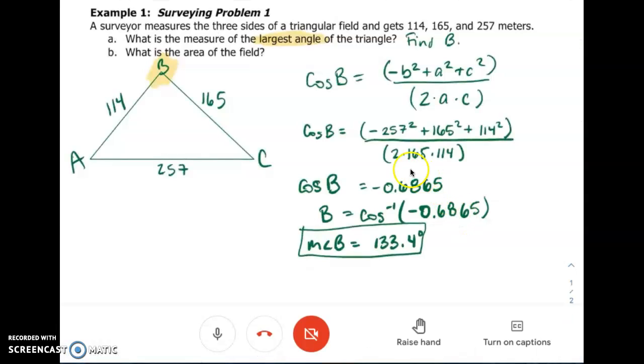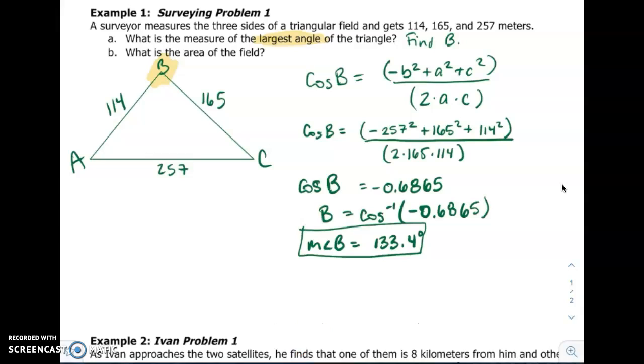All right, B, what is the area of the field? So now that I have 133.4, I'm going to go ahead and label that in my picture. And in order to find area, you need side angle side. Area requires side angle side.